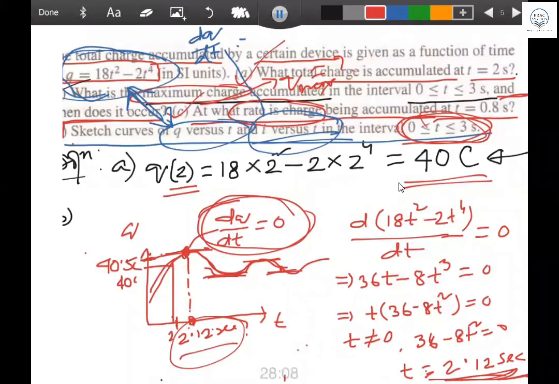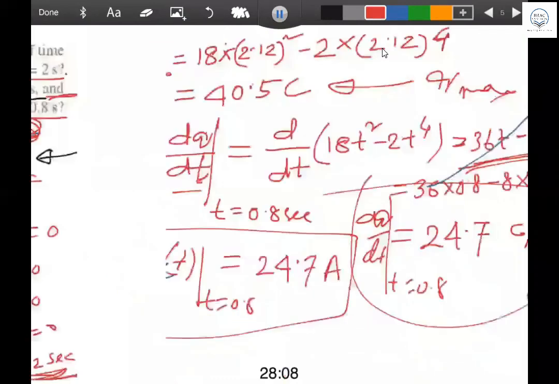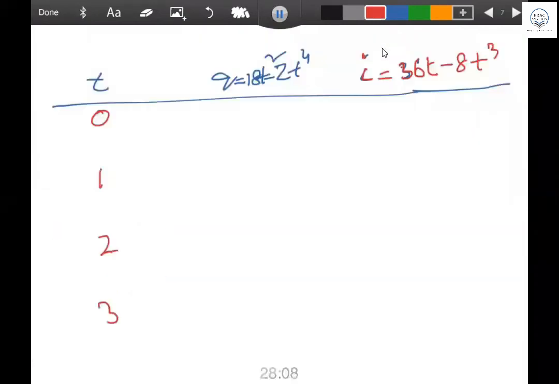Okay, can you hear me now? Yes, sir. Okay, now look at it. This is what we saw, that 0 to 3 is the interval. So within 0 to 3, we have to do this calculation. So let's go to the slide for this calculation. Now 0, 1, 2, 3 seconds we are considering.